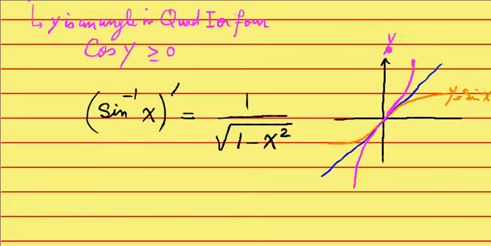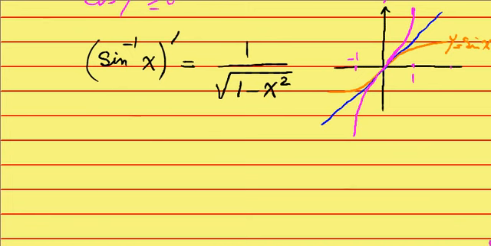This is y is equal to sine inverse of x. Sine inverse of x, its domain is from minus 1 to 1. At these last two endpoints, it has a vertical tangent line because sine x itself at this point reaches its horizontal tangent line. So we learn how to figure out the derivative of sine inverse.